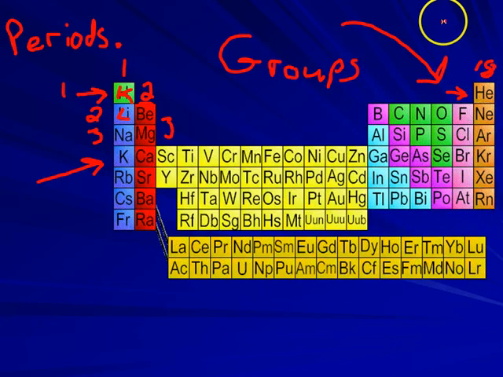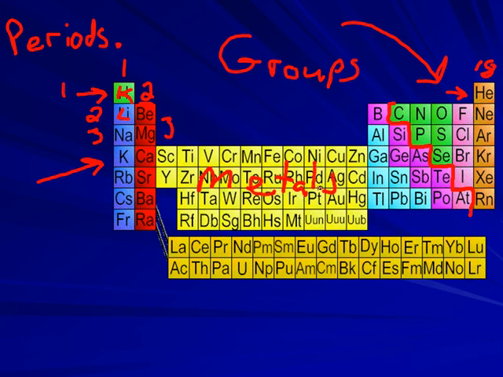So typically it forms with these over here. So we can kind of break it up. If you remember, there's that stair-step pattern in here that has the metalloids. So these are going to be your nonmetals. You've got your metalloids, and then you have your metals over on this side.